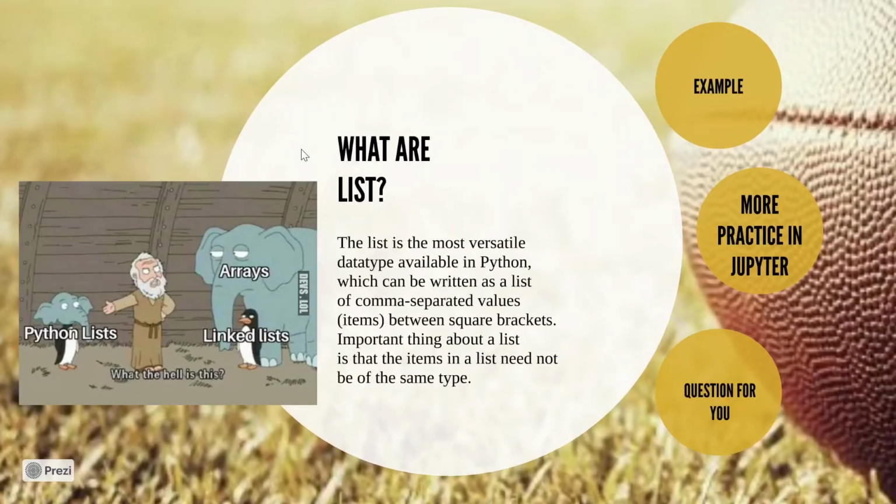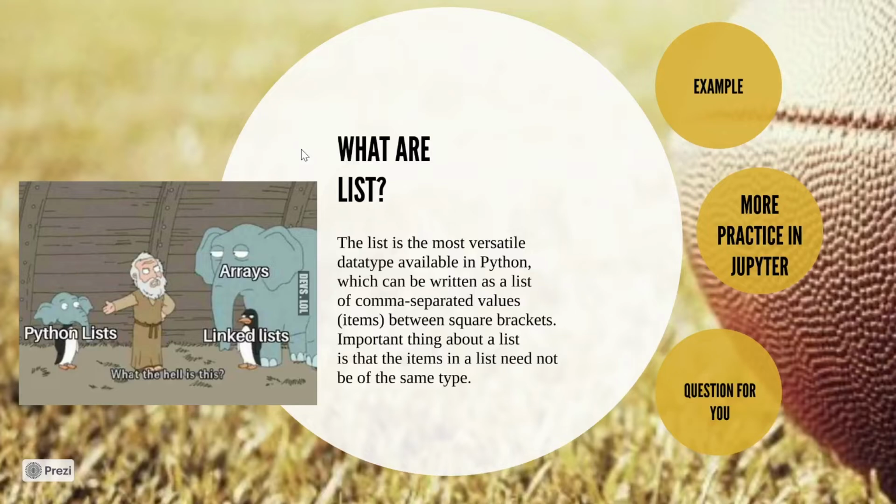So now let us discuss what exactly lists are. Take a very simple example. Whenever you think of the word list, what comes to your mind? A collection of things, yes. In Python also, lists are the same kind of entities. They are values separated by commas, and we denote them using square brackets.